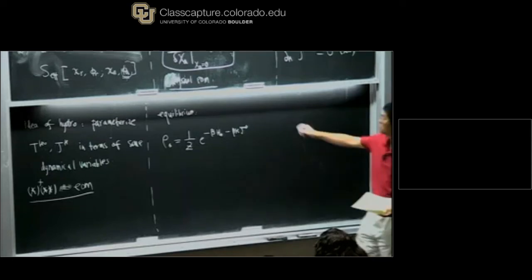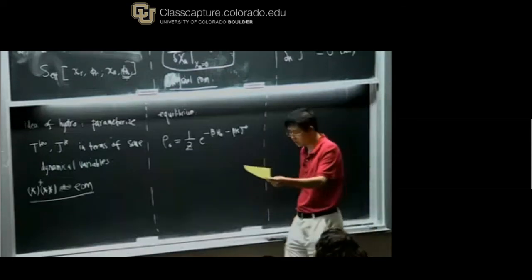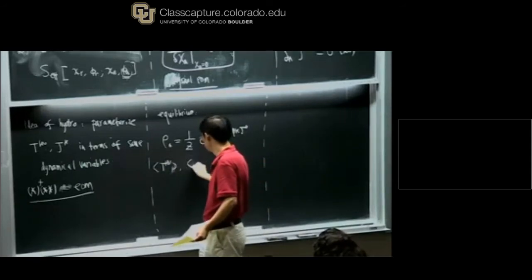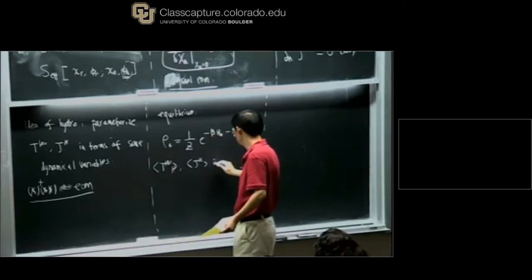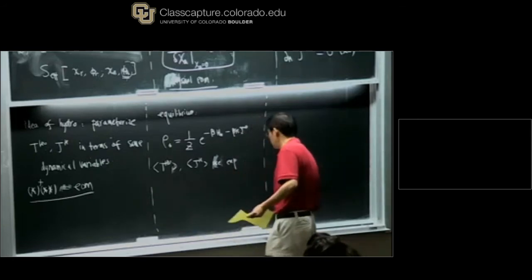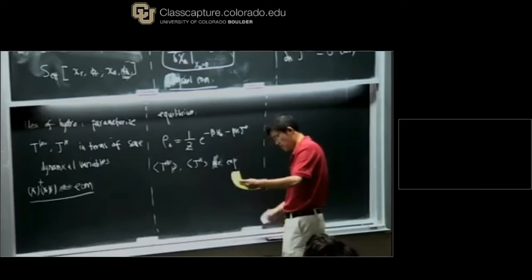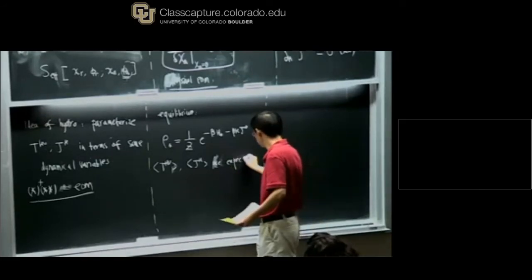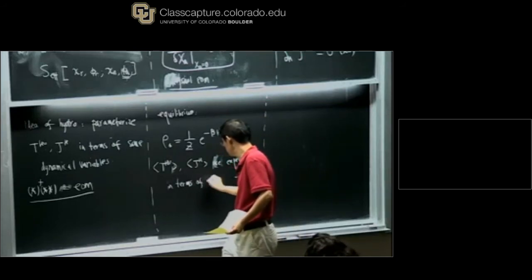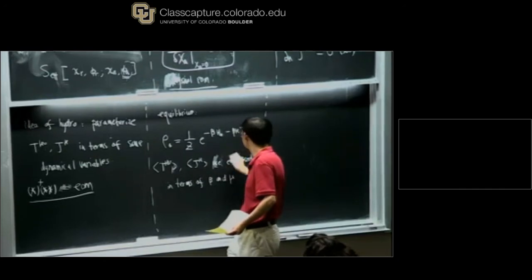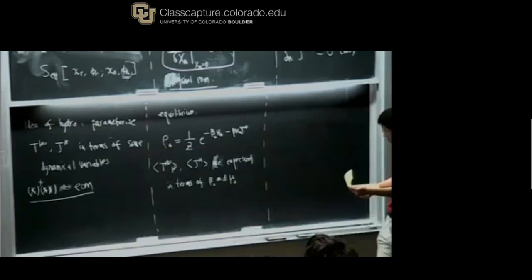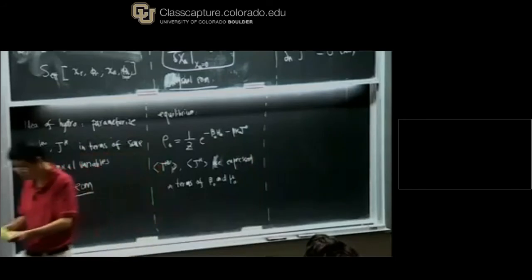In this case you can express T^{μν} and J^μ in terms of beta_0 and mu_0, and in fact you can write their form explicitly.